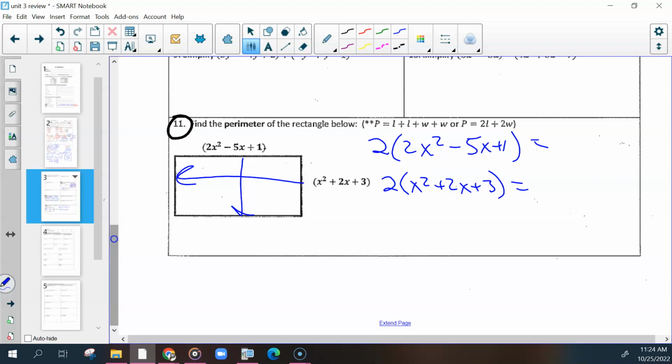So if we are multiplying that by 2, each by 2, what would those become? What would this first one become?